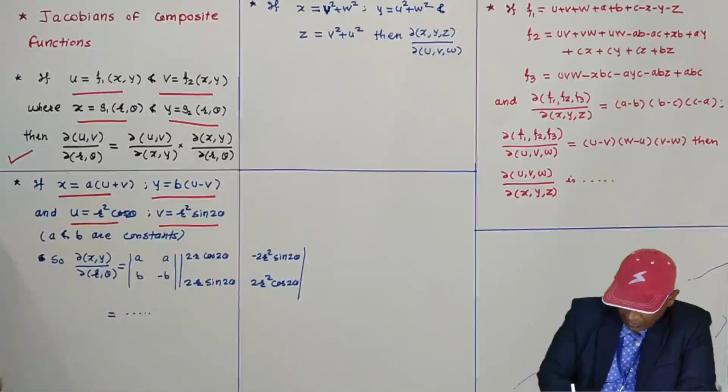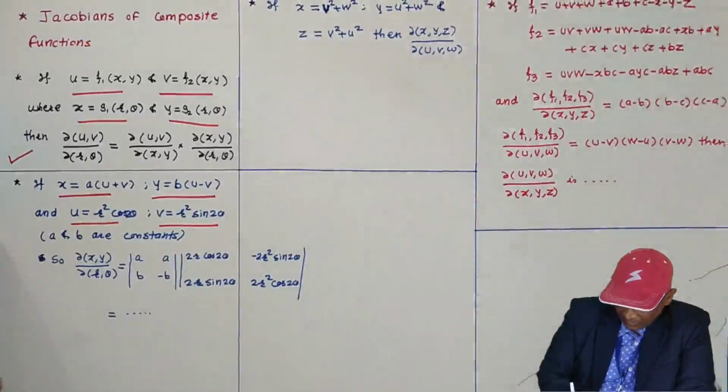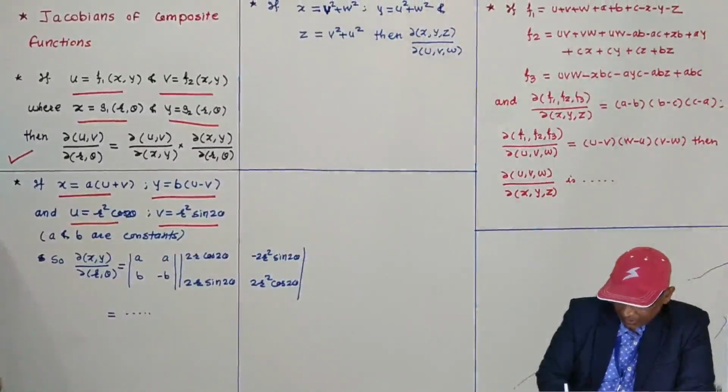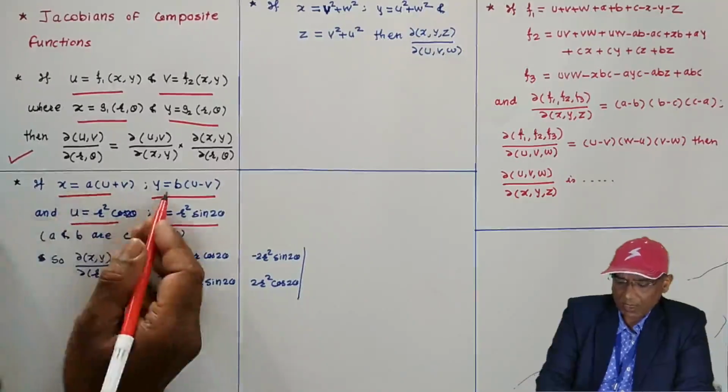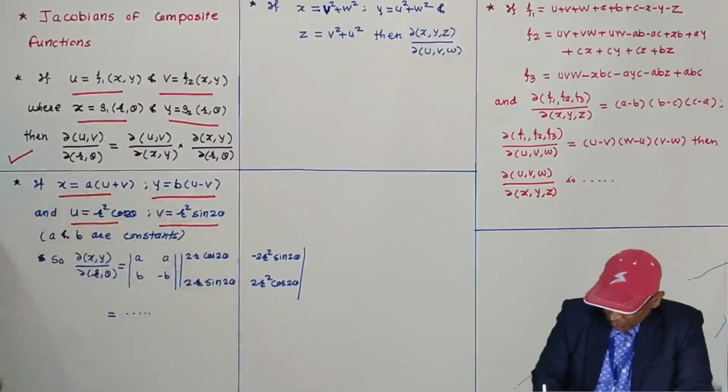Means del xy by del r theta is what? x and y are composite functions of r and theta, means x and y are functions of u and v, and u and v are functions of r and theta.